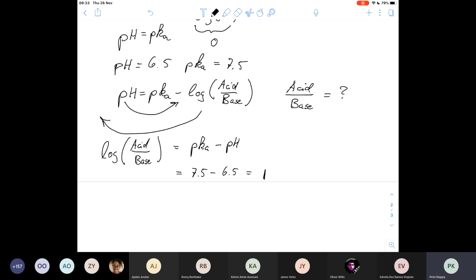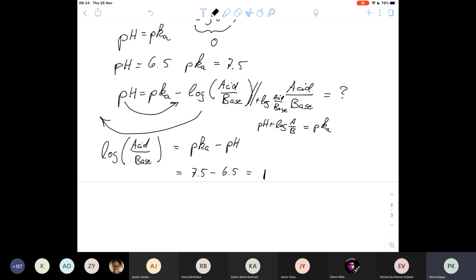So as I said, I add both plus log acid over base. So I bring the log to that side. So I get pH plus log acid over base equals pKa.